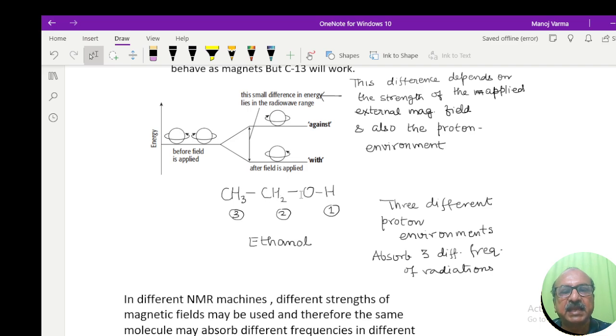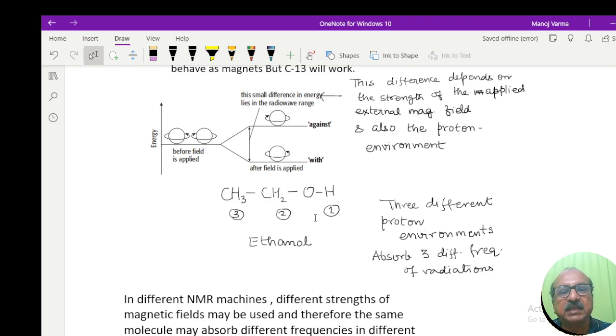So you can see that this proton is attached to oxygen, so this environment is different. These two hydrogens are attached to the carbon, which is attached to the oxygen. So the environment of these two hydrogens is different, and the environment of these three hydrogens is different.